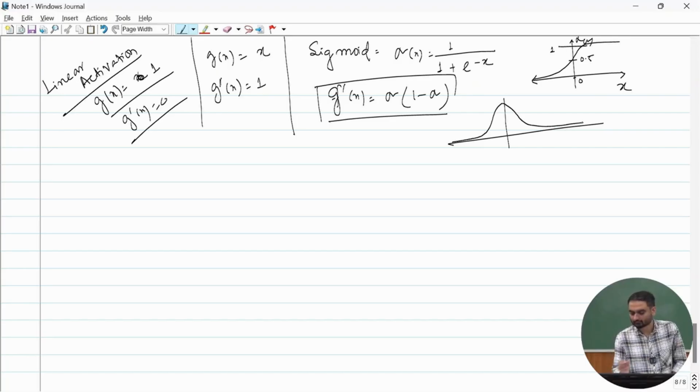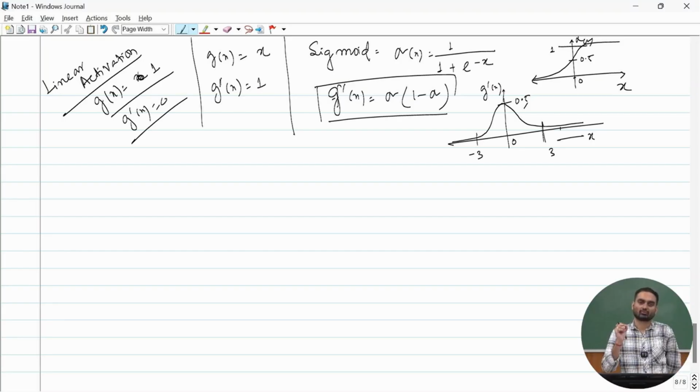At 0 the value is 0.5, and after a certain threshold, so this is x and this is g'(x), the derivative of the sigmoid, the value of the derivative is very, very small. This is generally at minus 3 and 3. If the input is less than minus 3 or greater than 3, the output will be very, very small.